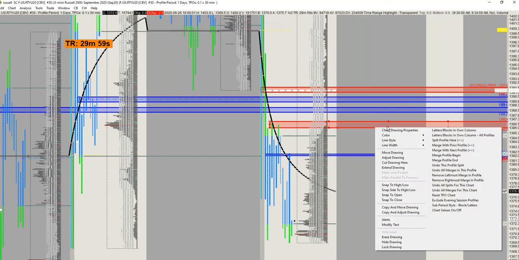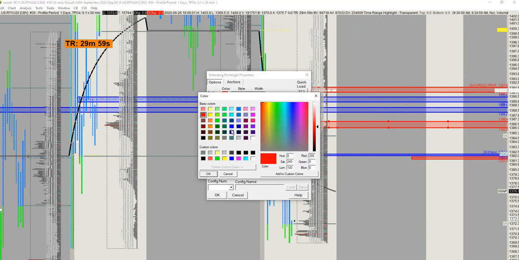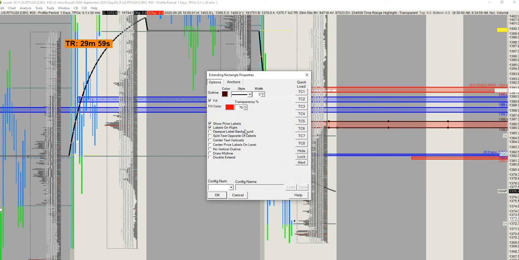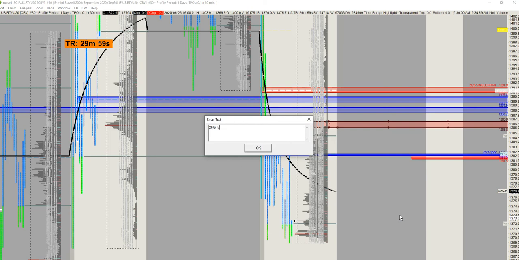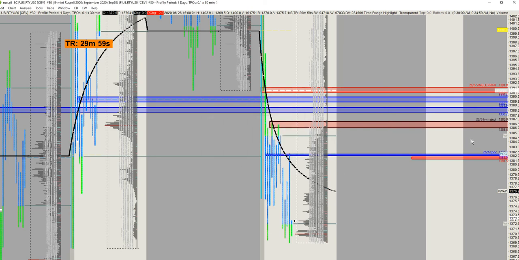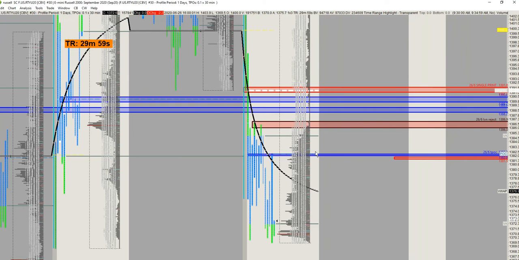This is the most important thing for me. If we continue rejecting this low volume node, this is going to be important. If we reject this low volume node in the overnight session, this could lead to more downside.